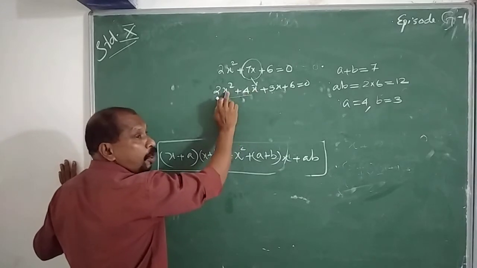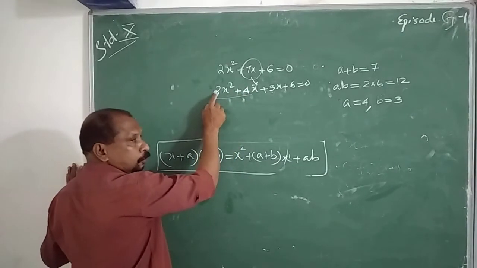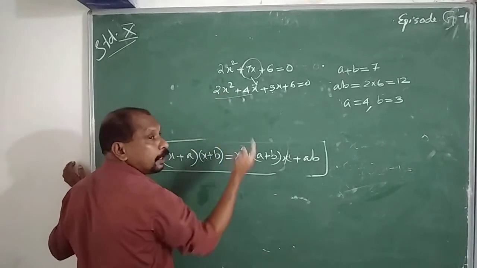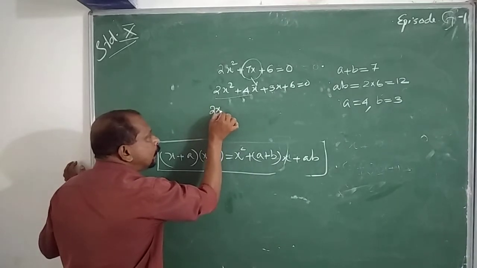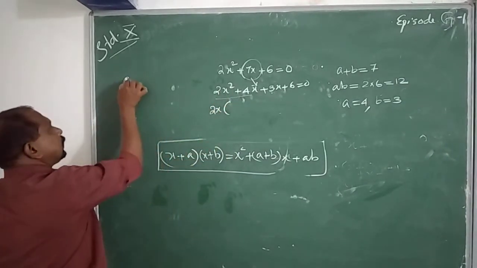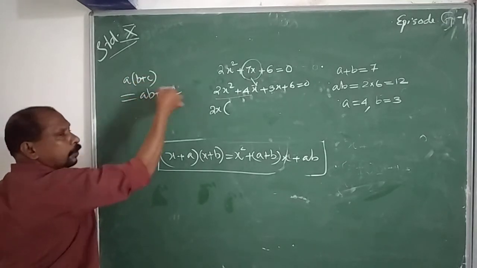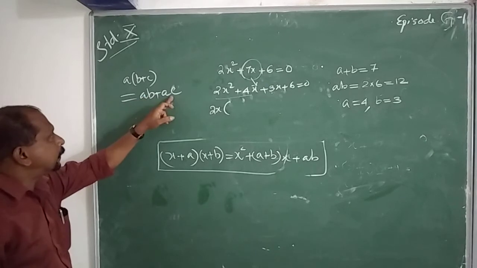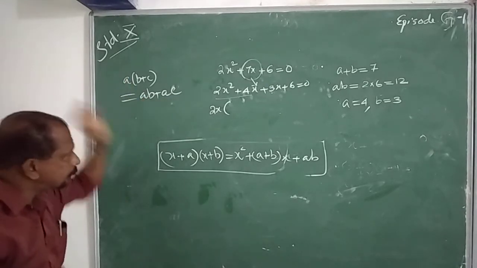Therefore, x will be the common factor of these 2 terms. First coefficient is 2, second coefficient is 4. Therefore, 2 is common. Therefore, we take 2x as the common factor from these 2. That is a into b plus c is equal to ab plus ac. We know such common factor, we can take a as common, that is a into b plus c.